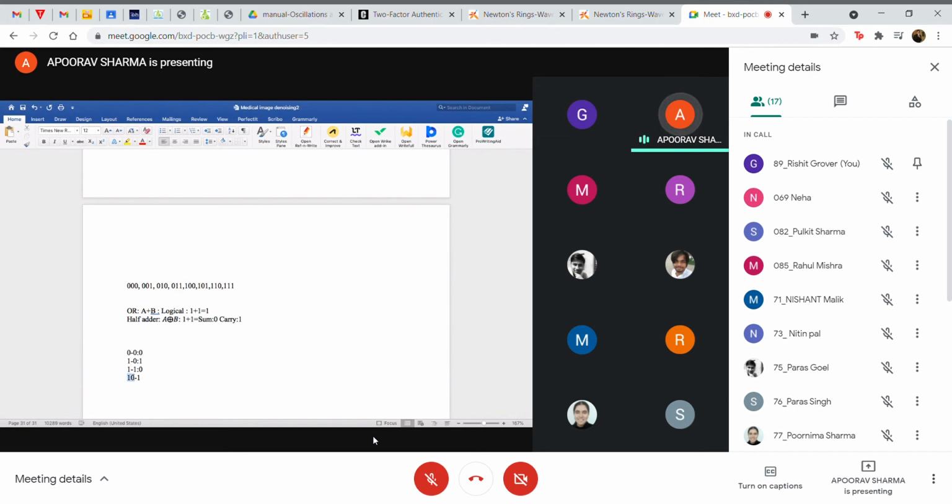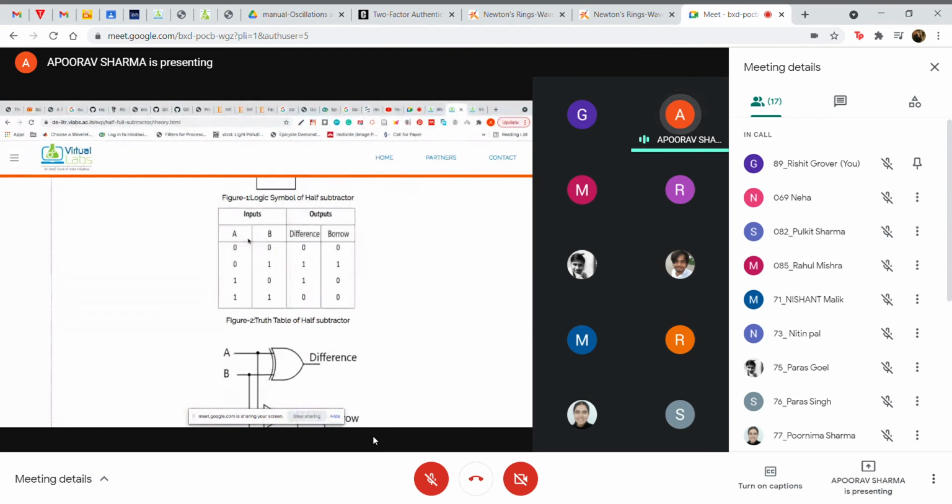It is not a ten, it is 1 0, which is 2 in binary. So when you subtract 1 from 2, your answer will be 1, and your borrow will be recorded in your borrow output.